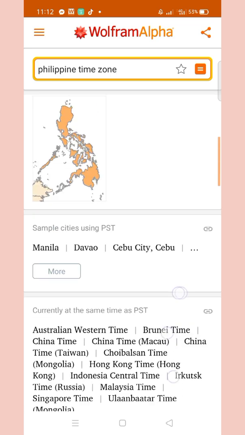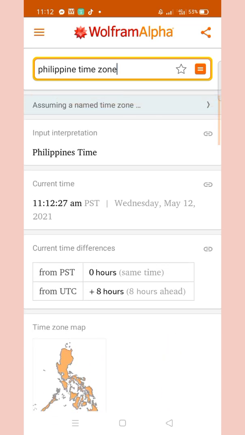So we have the same time with those countries. Another, let's check the American time zone. So United States time zone are these.